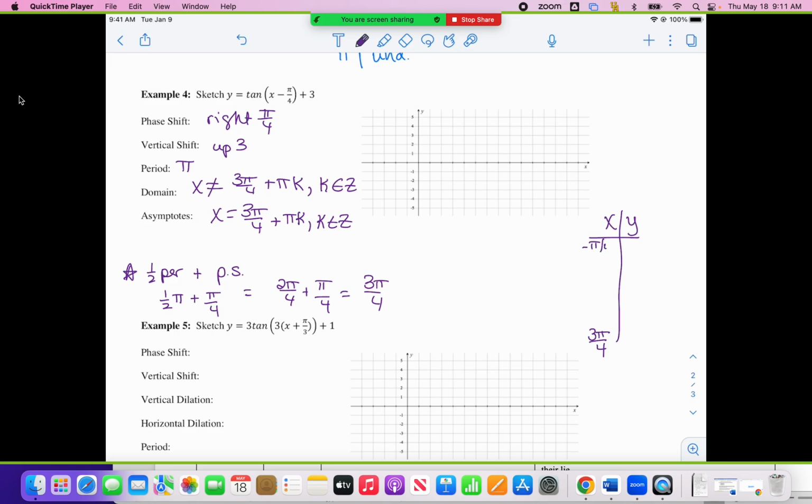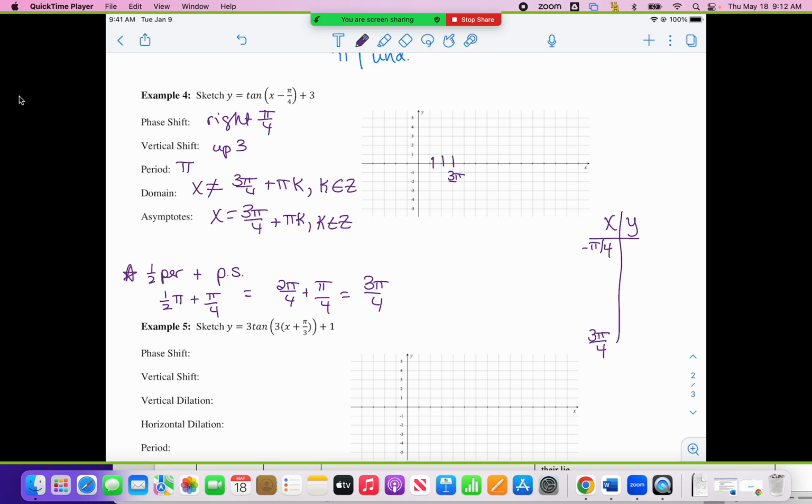That's negative pi over 4. Let me go over that again. DP rocked it here. So look, I'm going to go 1, 2, 3. That's 3 pi over 4. So how many ticks is pi? 4. So if I just count to the left 4, that's exactly how DP got negative pi over 4. Well, what's halfway between there?